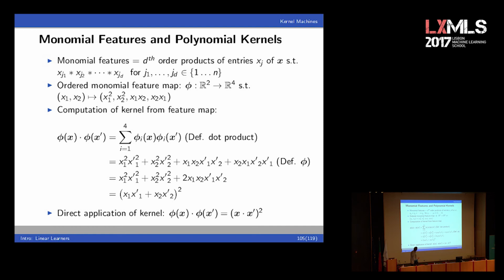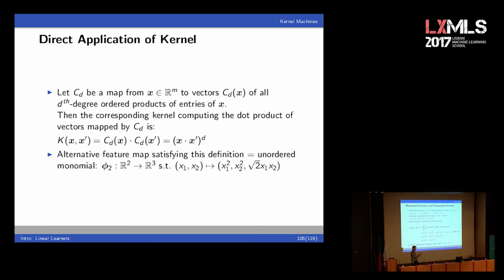So what the monomial feature space does is, by this ordered product, we can see that nonlinear mappings can be created for a lot of problems that are not separable or not solvable with the original non-extended feature space.